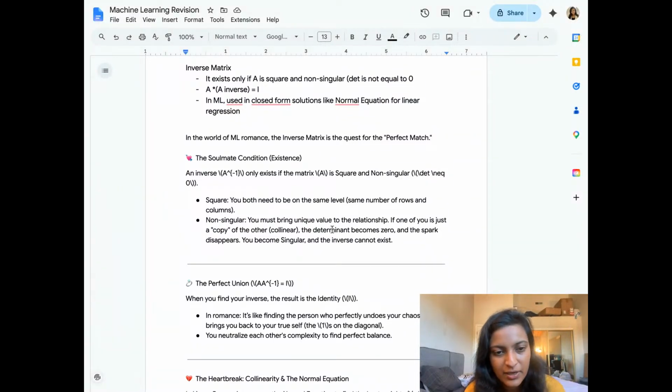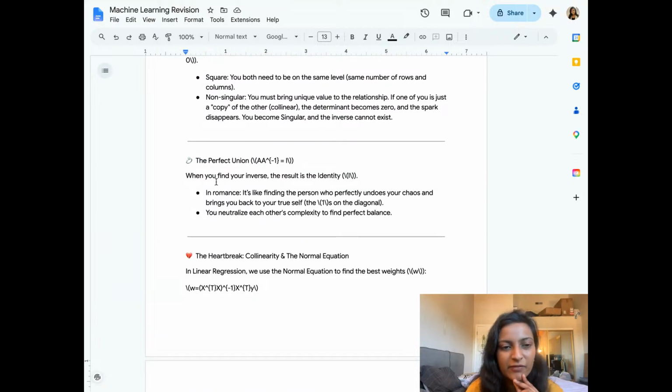Non-singular: you must bring unique value to the relationship. If one of you is just a copy of the other, or collinear, the determinant becomes zero and the spark disappears. You become singular, work on yourself, and the inverse cannot exist.